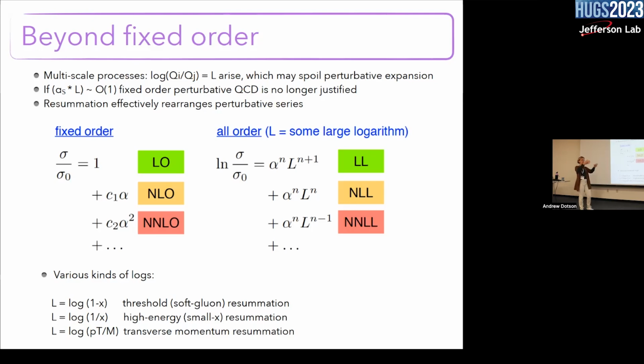For example, if you want to produce a W, which is 80 GeV, and you have only 90 GeV at the beginning, because you pick up two partons that have small x, you have a center of mass energy that has just enough energy to produce a W. You have some threshold logarithm, just because you are at the threshold.